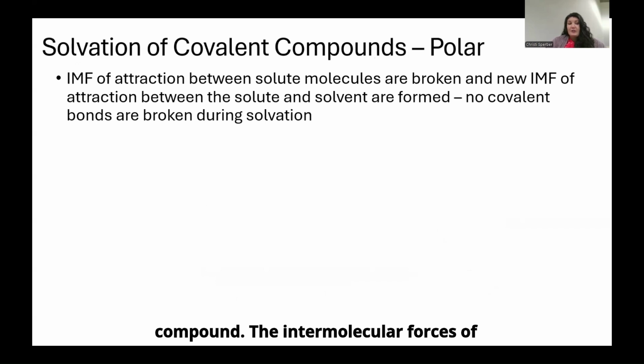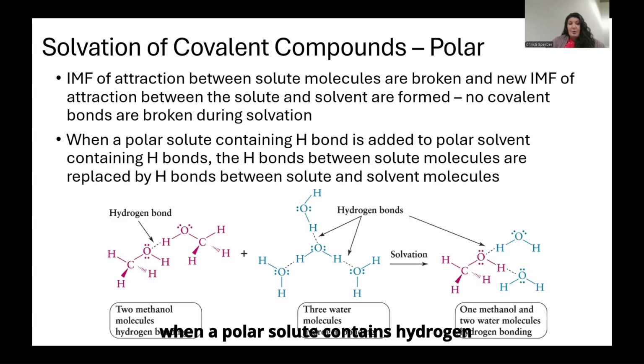The intermolecular forces of attraction between the solute molecules are broken, and new intermolecular forces of attraction between the solute and the solvent are formed. No covalent bonds are broken during solvation. So when a polar solute containing hydrogen bonds is added to a polar solvent containing hydrogen bonds, the hydrogen bonds between the solute molecules are replaced by hydrogen bonds between solute and solvent molecules.